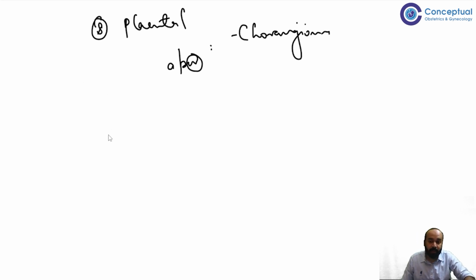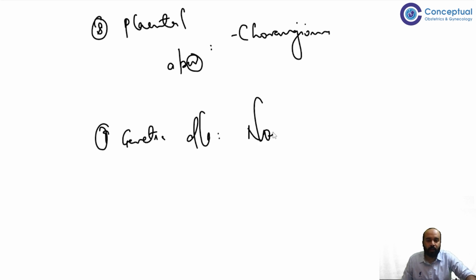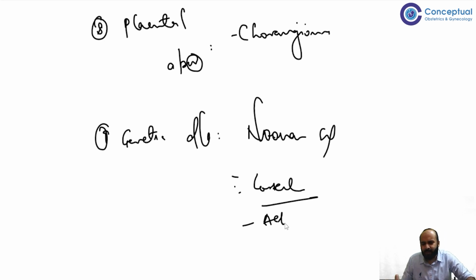Next, I can have genetic problems, genetic disorders like Noonan syndrome, Costello syndrome, achondrogenesis, several, many of them. You will ask me, how is achondrogenesis going to cause hydrops fetalis? Remember, it is where the cartilage is not being formed well.